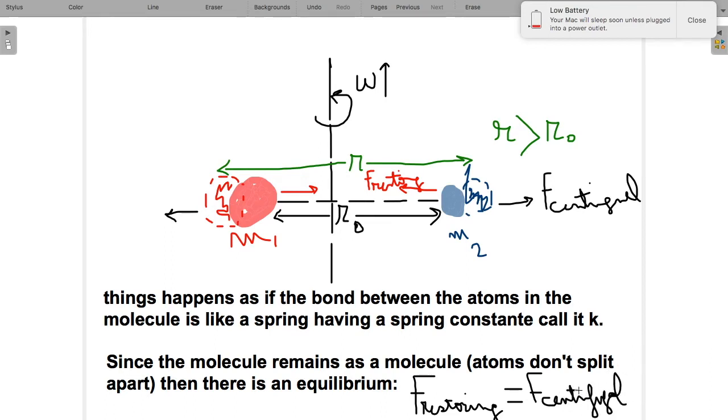Okay? And it's this relation that will allow us to get into more interesting information.